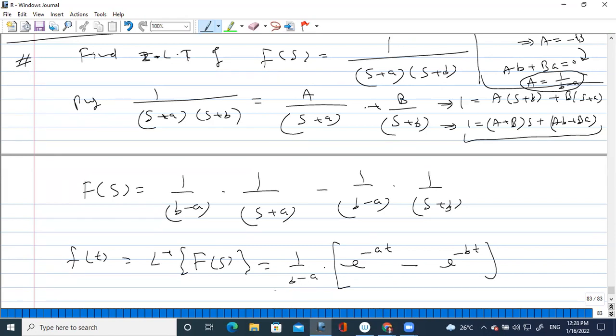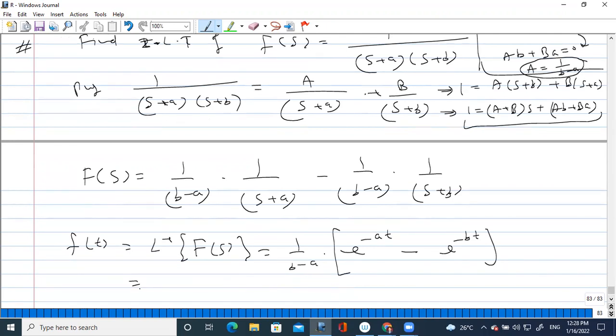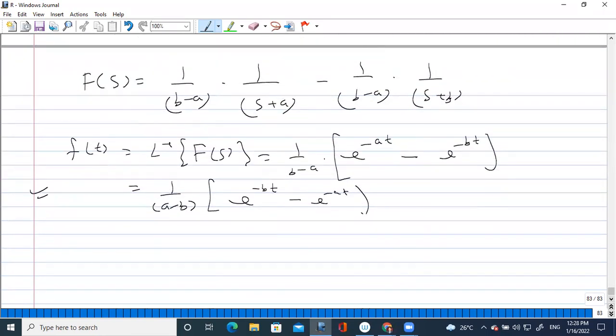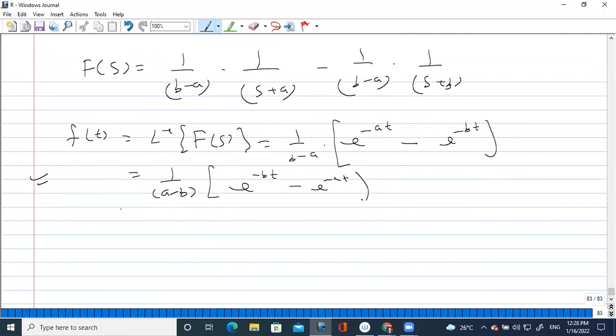If you want to keep it a minus b, then they will be reversed. So like this you will get the answer. Okay, so note down this also, then we will go to a different variety.